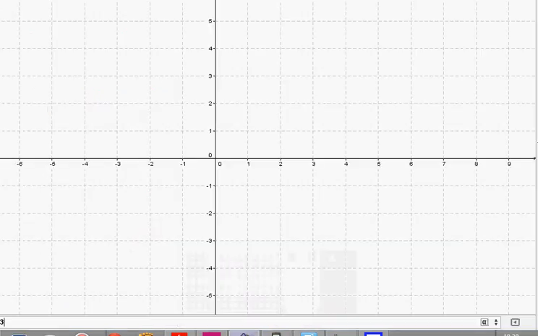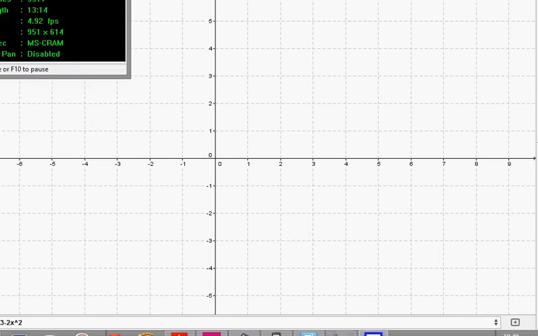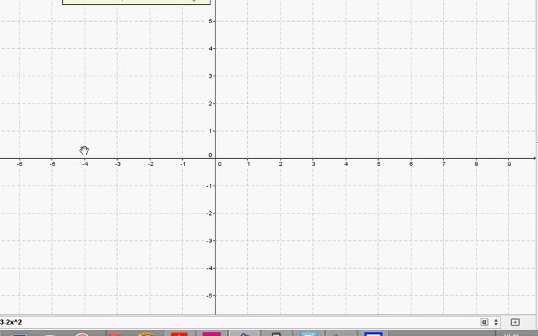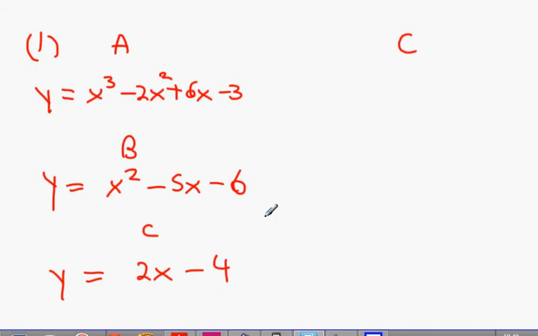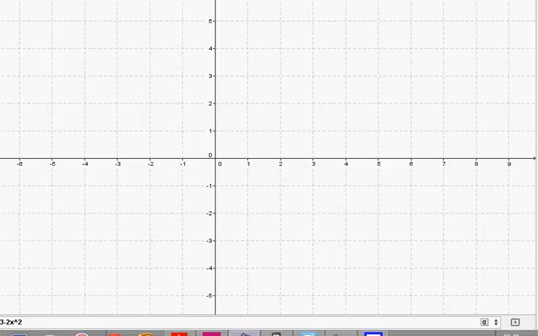So, x cubed minus 2x squared plus 6x minus 3.